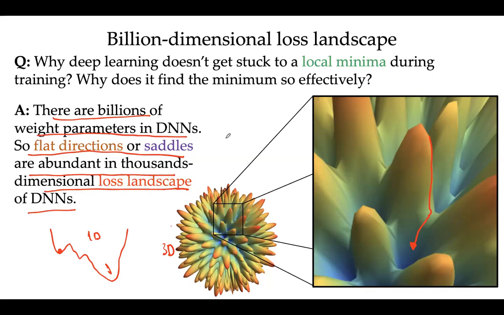So it looks like it's a bad thing to have multiple minima, but it turns out, because of the high dimensional loss landscape, it's actually a good thing because you have a lot of flat directions and saddles so that the training becomes really, really effective.